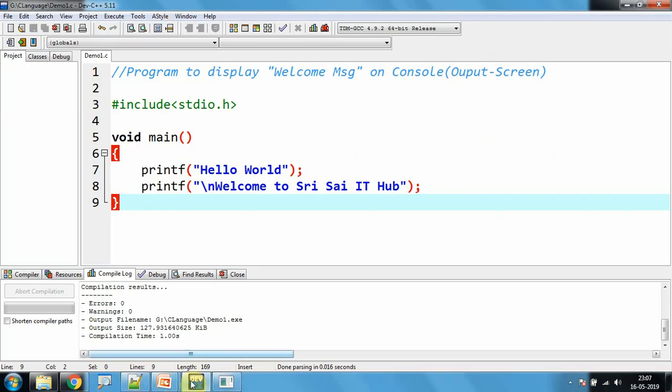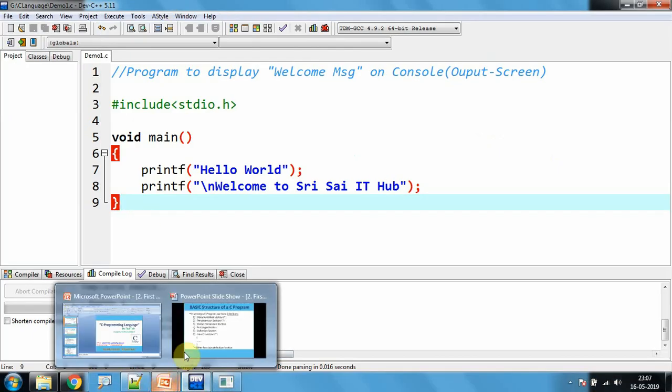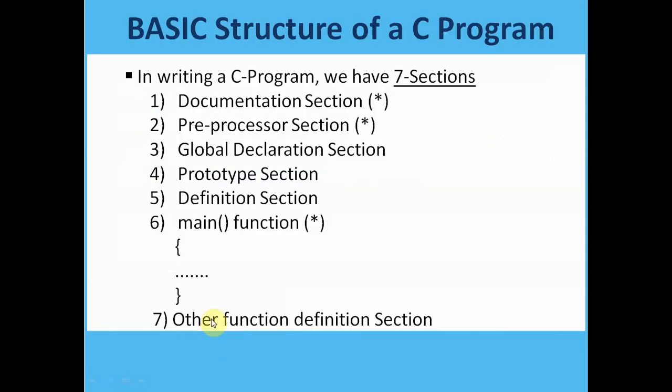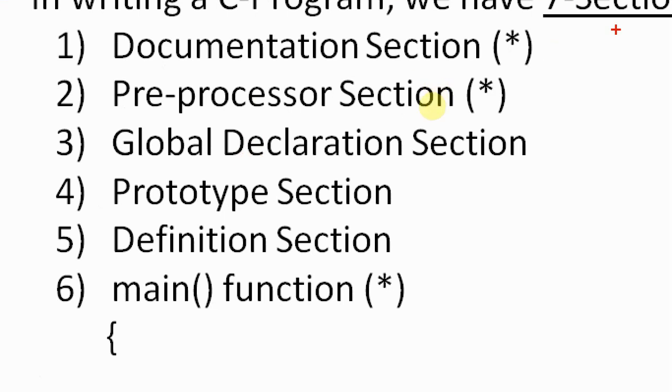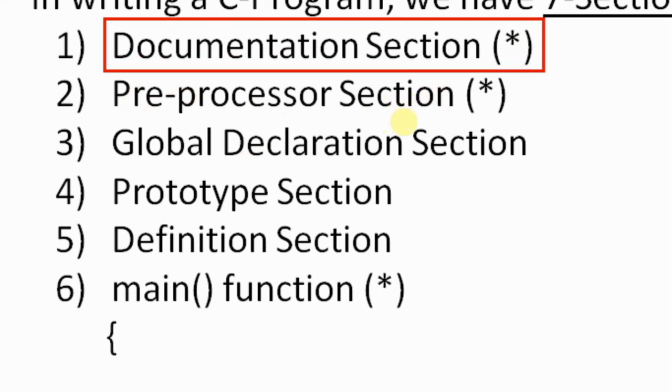Now let's get back to some understanding about the basic structure of a C program. Whenever you are writing a C program, it is divided into 7 sections. The first section is the documentation section. In the documentation section, we write comments. We write comments using 2 forward slashes.